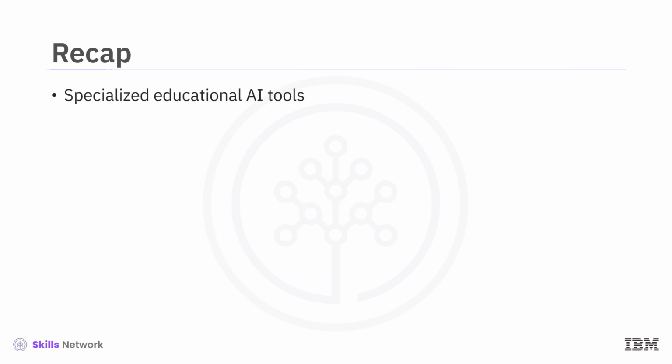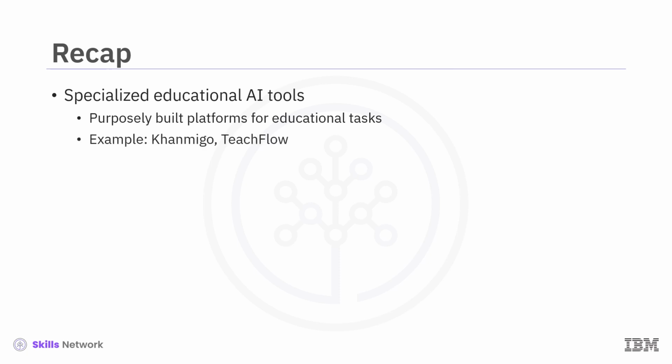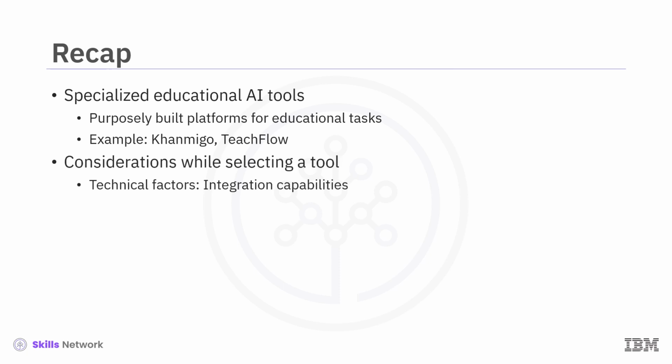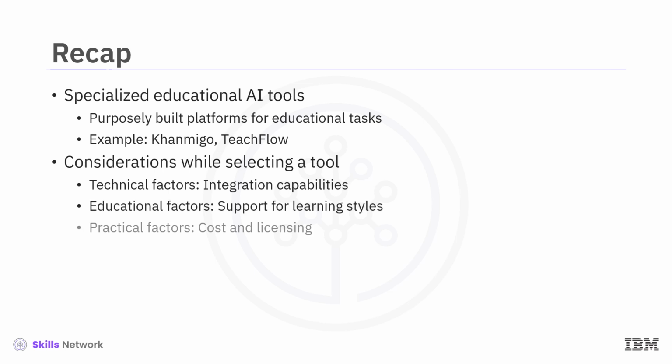Specialized educational AI tools are purposely built platforms designed specifically for educational tasks. Examples include Khanmigo and TeachFlow. While selecting an AI tool, you must consider technical factors such as integration capabilities, educational factors such as support for different learning styles, and practical factors such as cost and licensing.